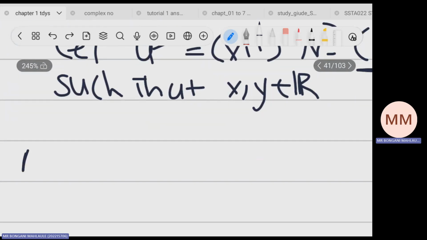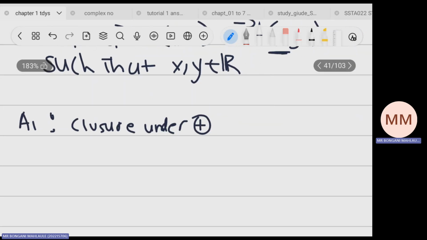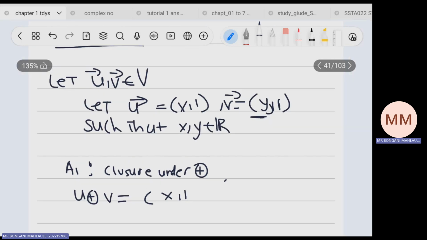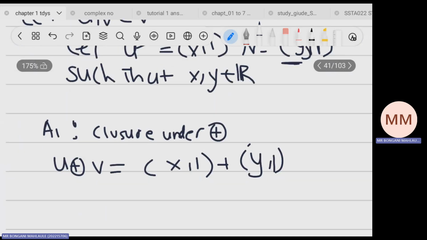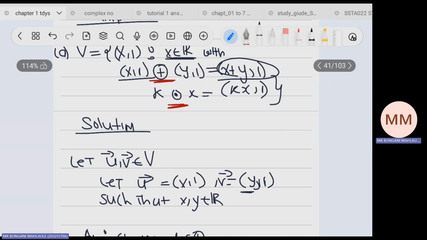Then now we can start with A1, which is closure under addition. Then you'll say u plus v is equal to, you know what your u and our v is, (x, 1) and (y, 1). So when we perform addition, our addition is defined in that way.